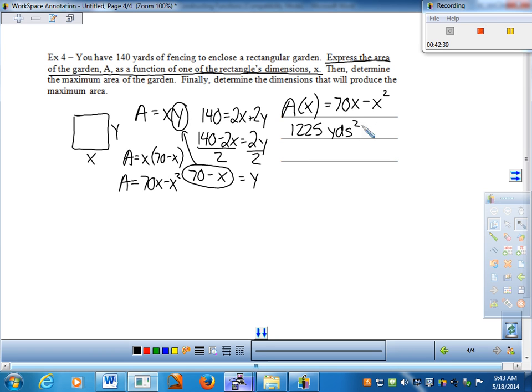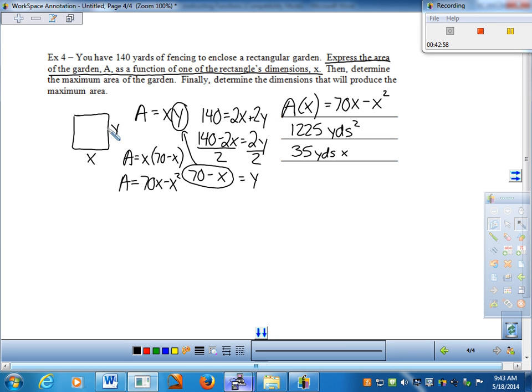Perfect. All right. And then the last thing to do, of course, is to go ahead and get the dimensions of this. Remember, the x value that produced that area was 35. So this right here is 35 yards. So the only question that's remaining is what is the other dimension of the rectangle, which would be this right here.